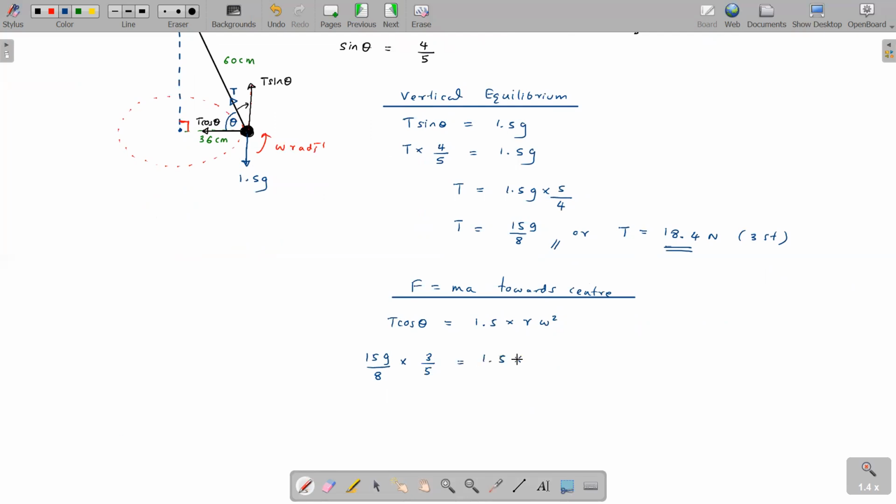Equals 1.5 into what's the radius of the circular motion? The circular motion has radius 36 centimeters, which should be converted to meters. So that's 0.36 meters into omega squared. And now you make omega the subject. So you get here 15g into 3.